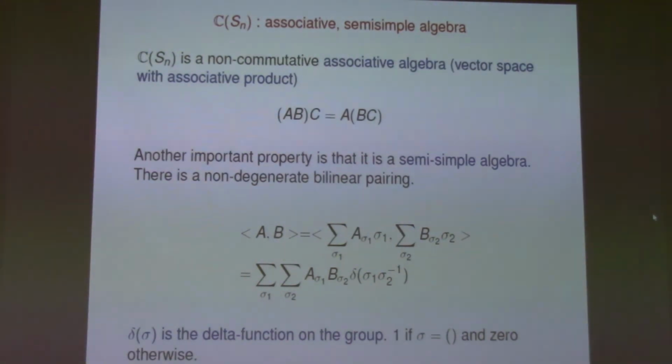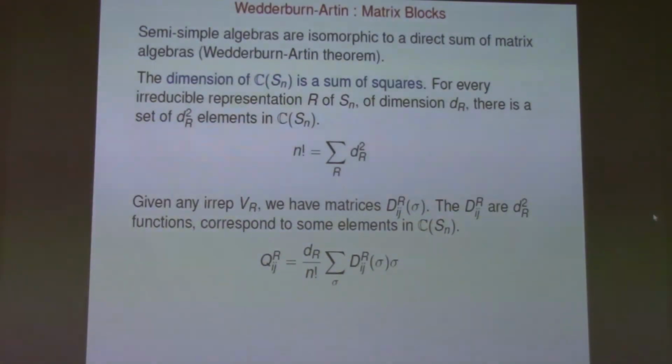So you can show that this is a non-degenerate pairing. If you write it in a basis as G_ij, that pairing is an invertible matrix. Now, there's a very general thing which is true for associative semi-simple algebras.